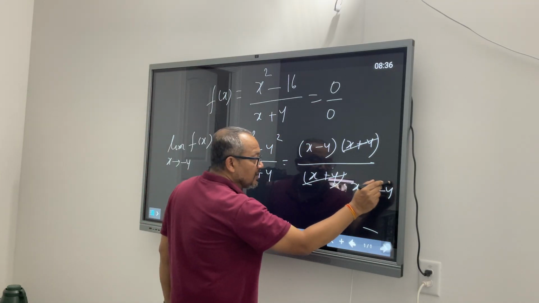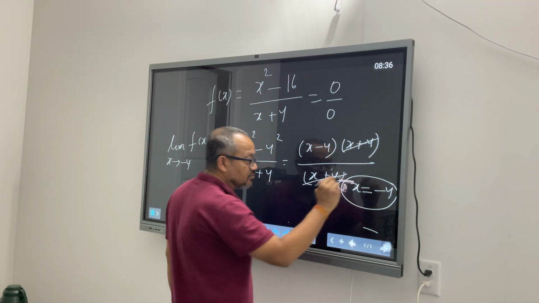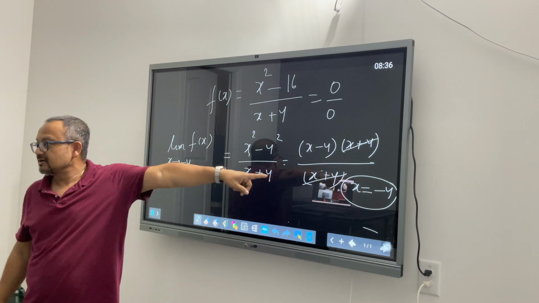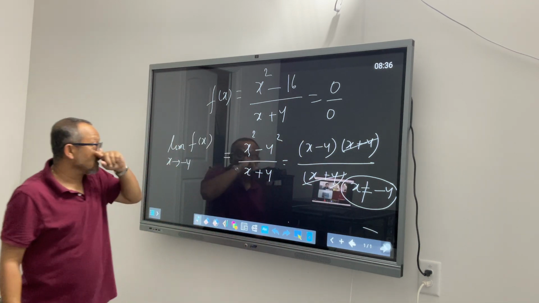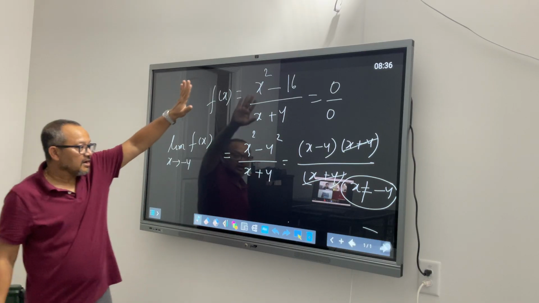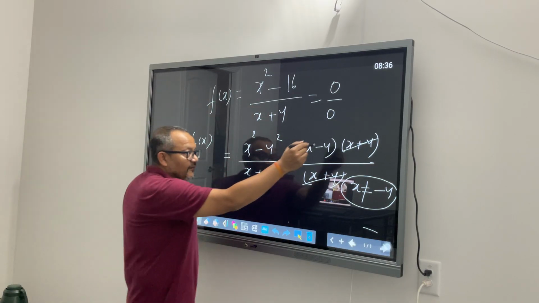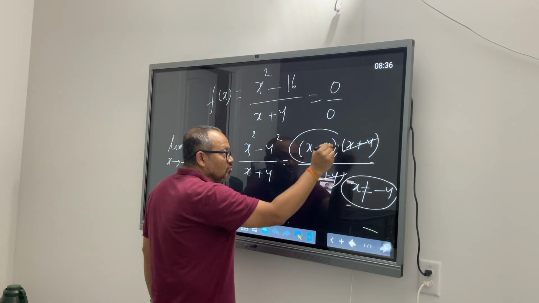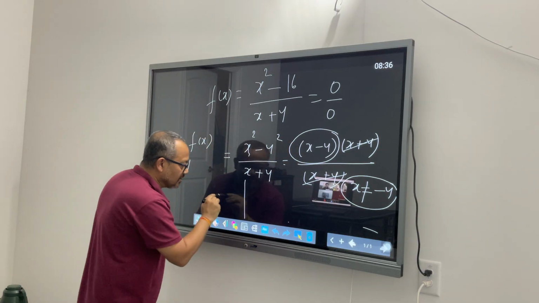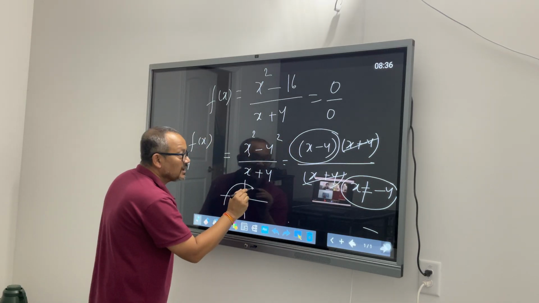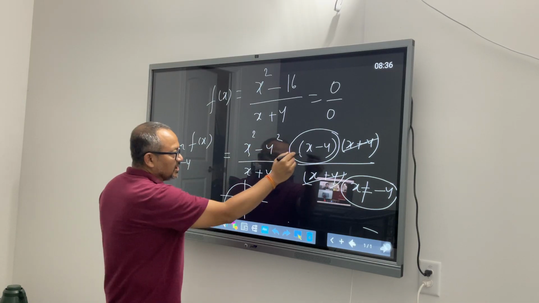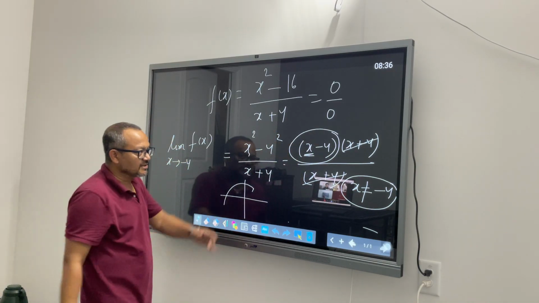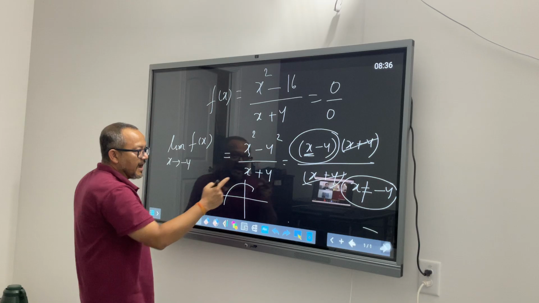So my function will hold true for every value except x equal to minus 4, and that's what this limit was asking for. The value I am approaching is minus 8. For any value of x, the function is x minus 4.